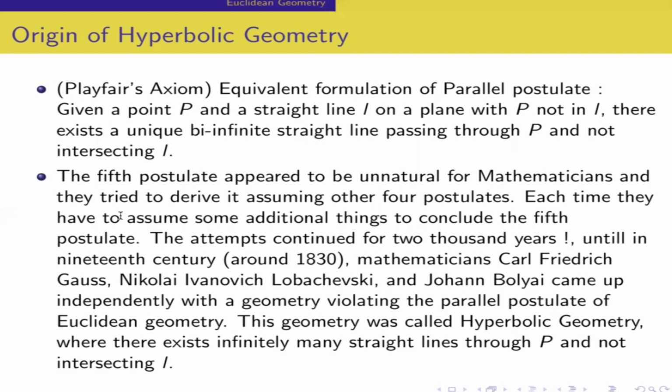Until in the 19th century, around 1830, the mathematicians Gauss, Nikolai Lobachevsky, and János Bolyai came up independently with a geometry violating the parallel postulate of Euclidean geometry. They found a geometry where there exist infinitely many straight lines passing through P and not intersecting L. This geometry was called hyperbolic geometry.